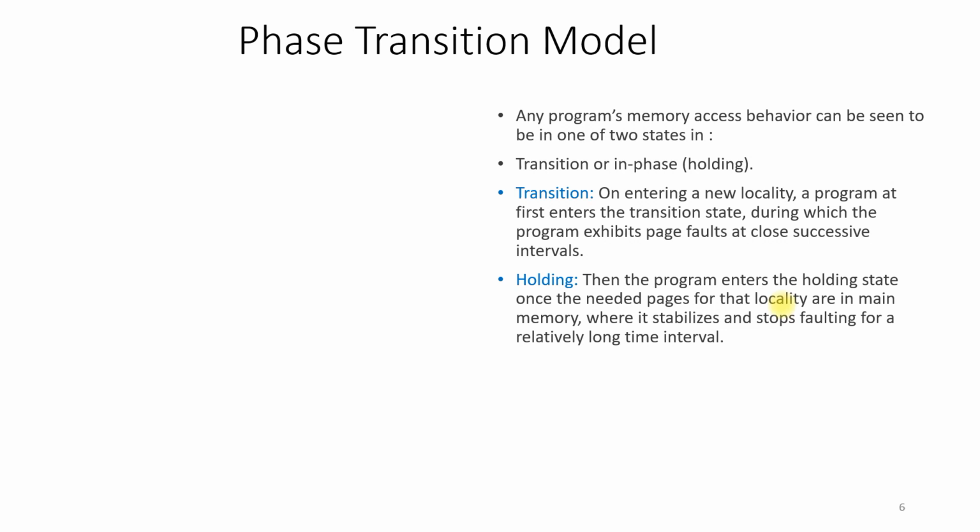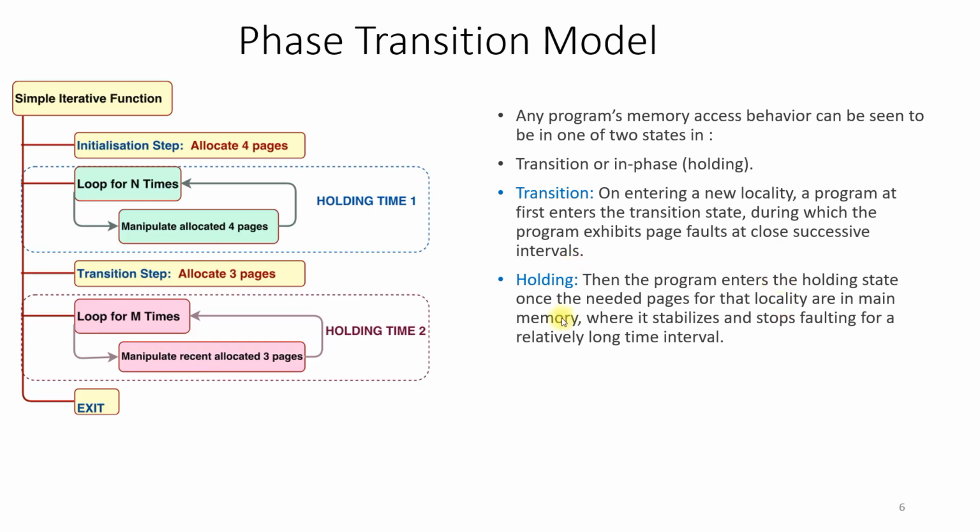To understand this, let me explain a hypothetical example that has been given here. As the system initializes, it allocates 4 pages and then loops on these 4 pages that have been allocated and tries to manipulate them.